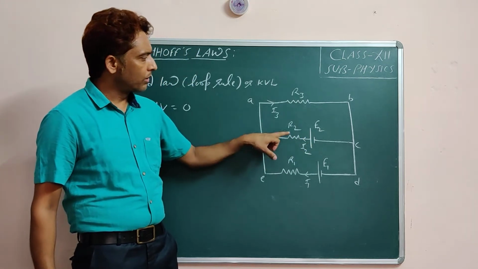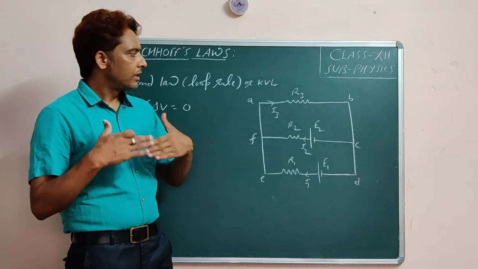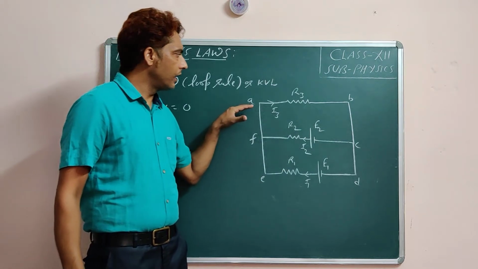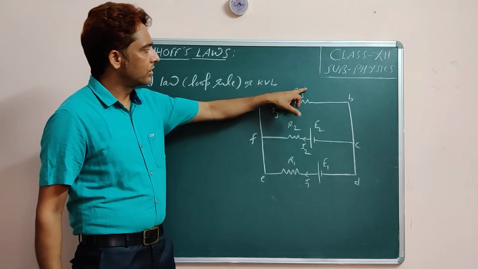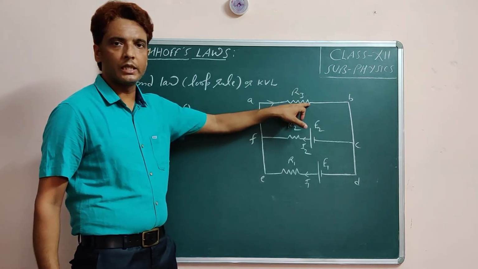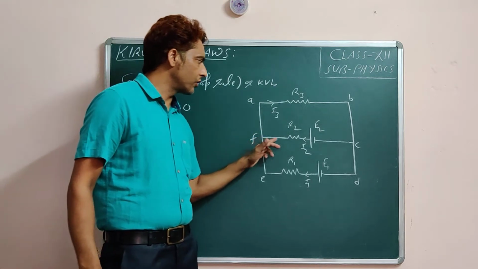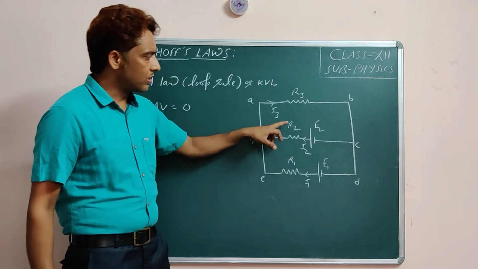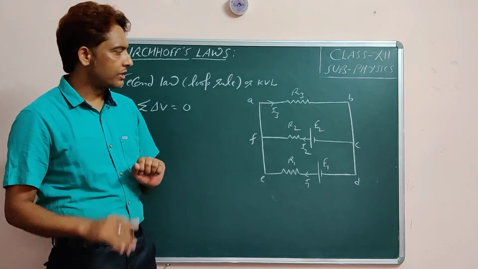So potential drop across this resistor is taken as negative. Means if we are moving in the direction of current, then potential drop across this component is taken as positive, and if we are moving opposite to the direction of current, then the potential drop is taken as negative. This is the first sign convention.